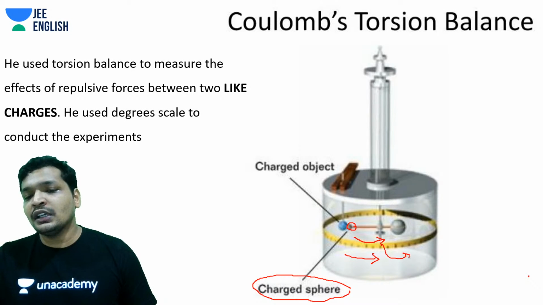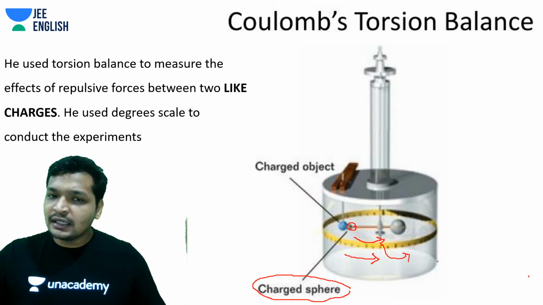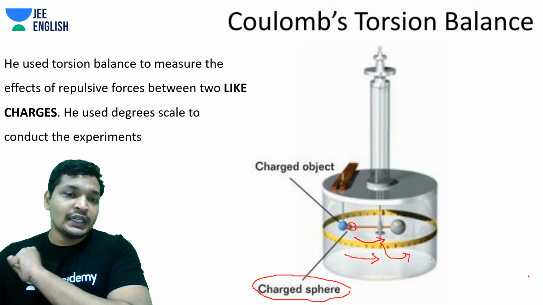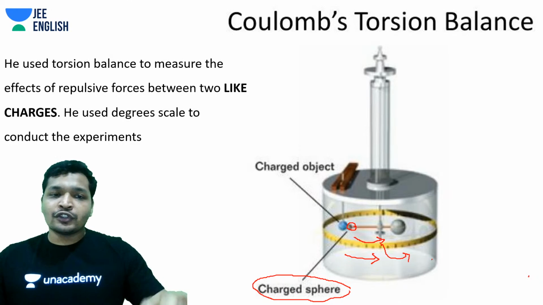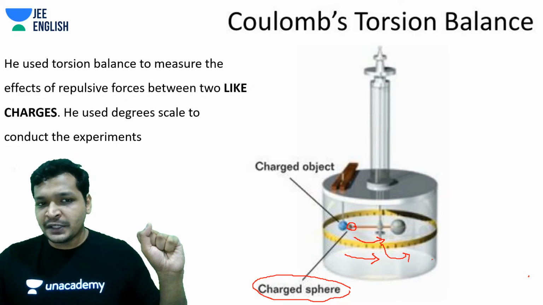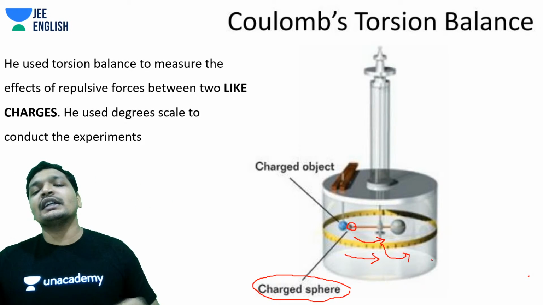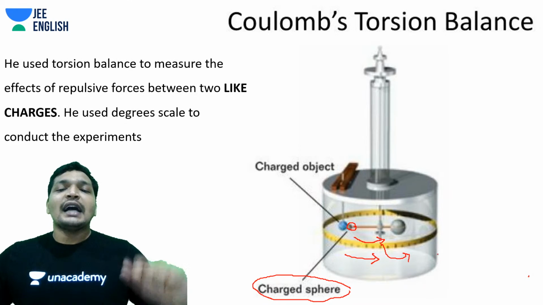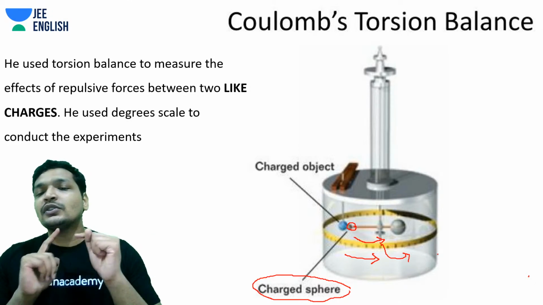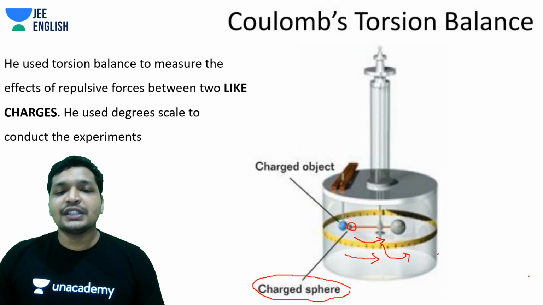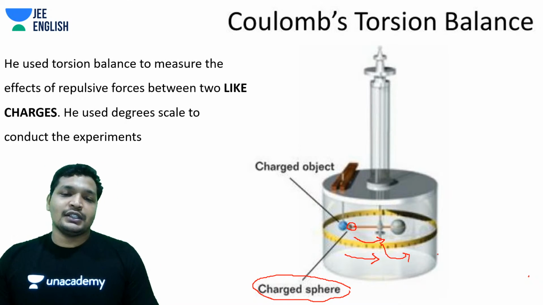Using the deflection and using all this k, theta, you can understand what the torque was. So one was a measurable quantity. The degrees are measurable. The force of repulsion is measurable. If the torque is measurable, the force of repulsion is measurable, and then using that you can derive the electrostatic force. Very interesting. Coulomb's torsion balance is a specific instrument designed to measure these electrostatic forces.